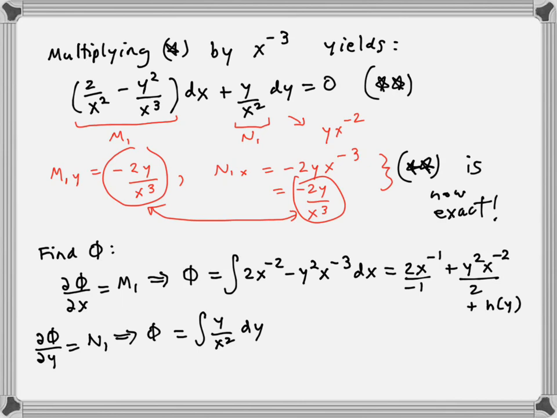So if we integrate y over x squared with respect to y, we end up with y squared over 2. So it essentially becomes y squared over 2x squared plus some unknown function of x.